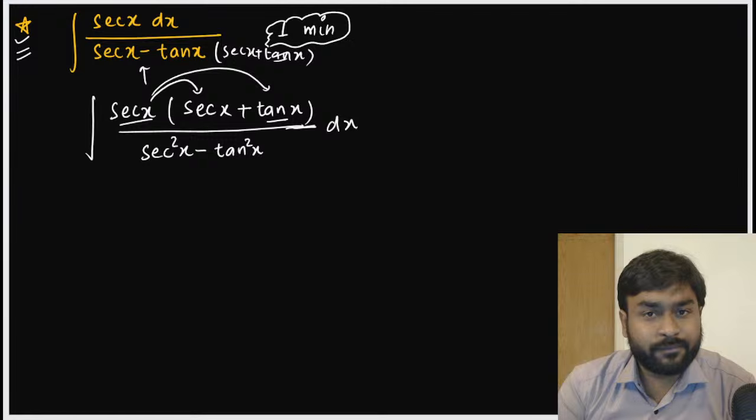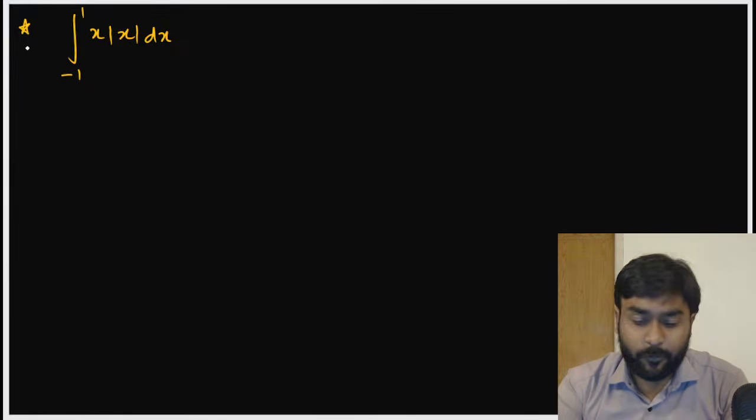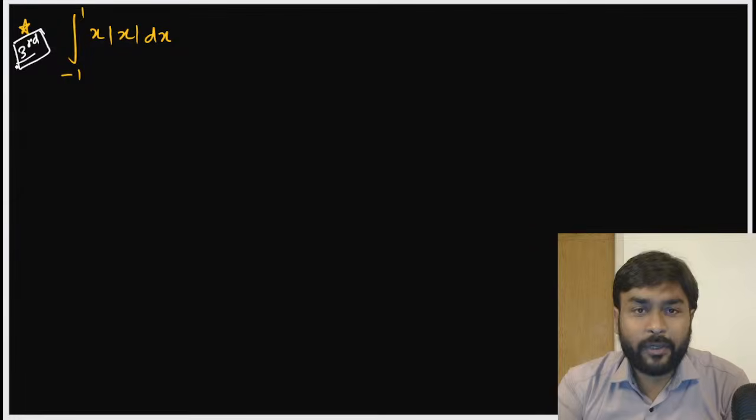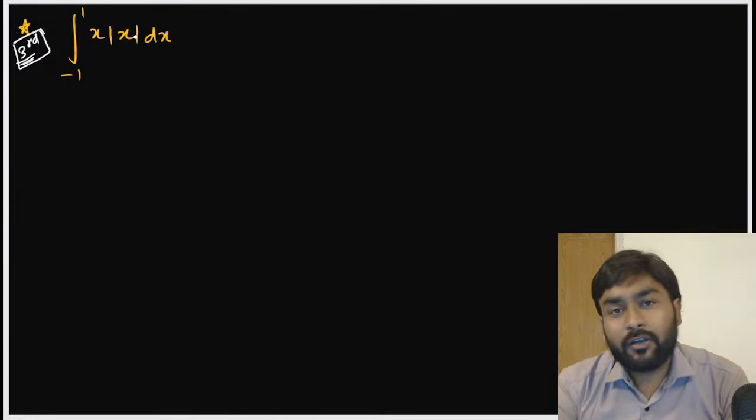Okay, so next. Okay, so this one, tell me, in this one what can we do? This type of question we are doing, this will be the third question, because two questions we already did. So I am expecting from you that you will tell me the correct answer of this, or you will understand the concept of where we can break this x.